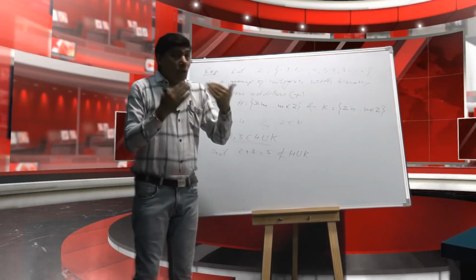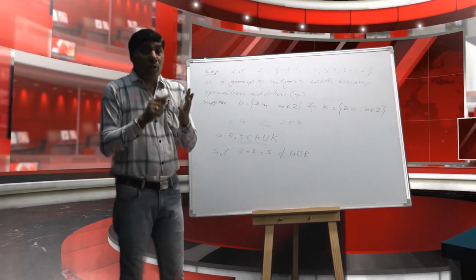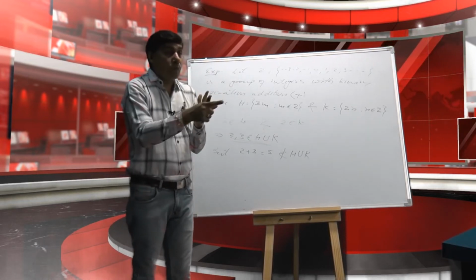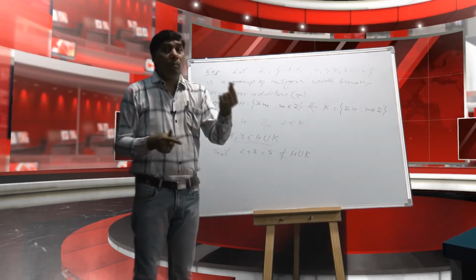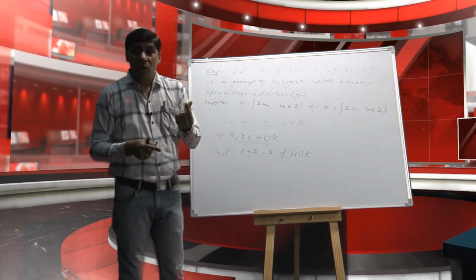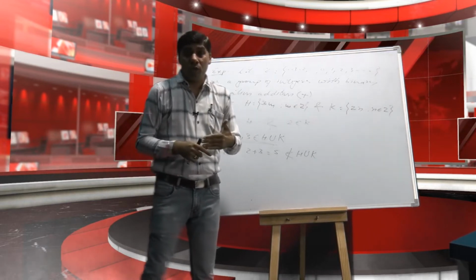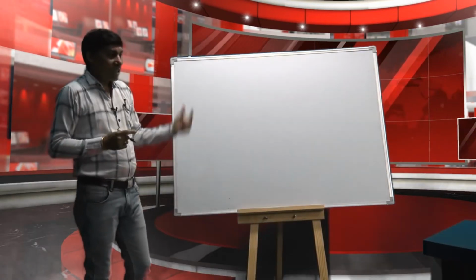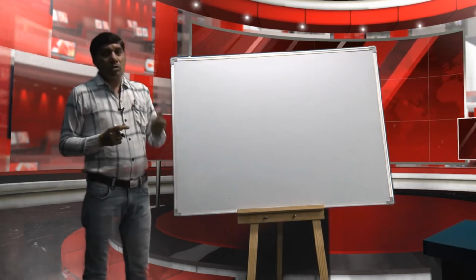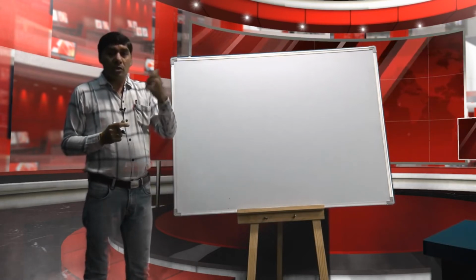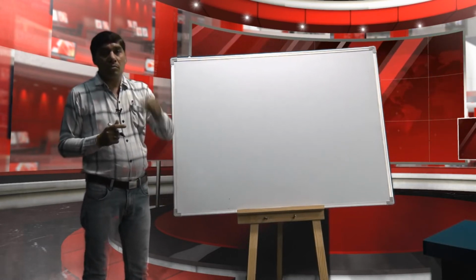In the next result, we prove that the union of two subgroups is again a subgroup, but with some properties. If it satisfies some properties, then it may be a subgroup. So now we discuss that the union of two subgroups is a subgroup, but with some conditions.